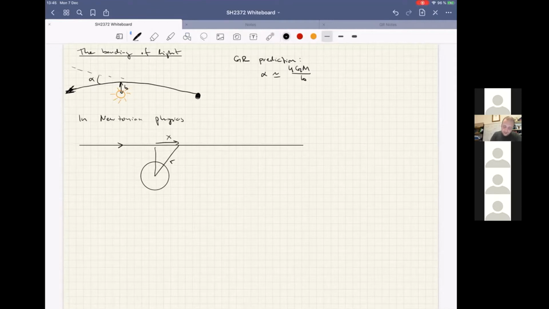So the acceleration now in the y direction, which is what I'm going to be interested in, so the acceleration perpendicular to the direction of motion, that's going to be approximately equal to the gravitational acceleration, which is GM over r squared. But then I only want the component in the y direction here. So that component is going to be, I use the same b over r. So that's the appropriate trigonometric function.